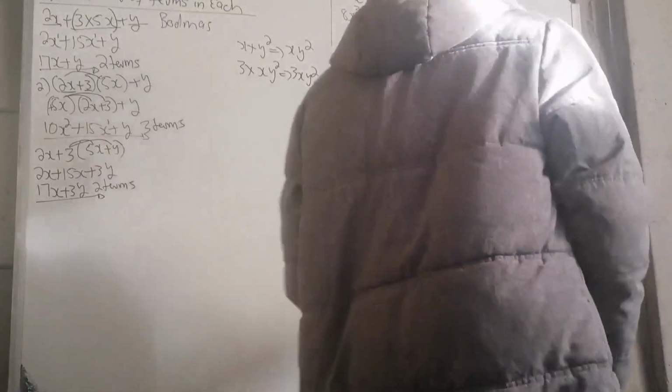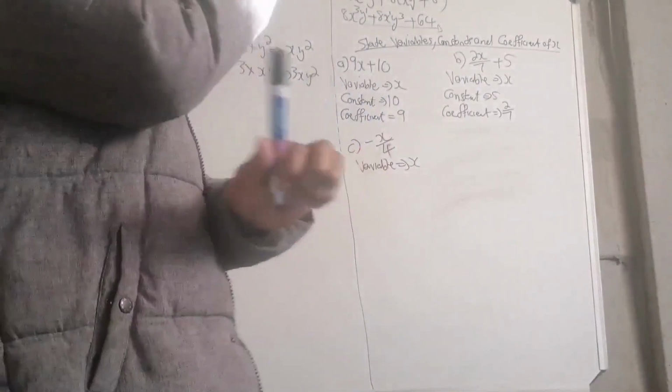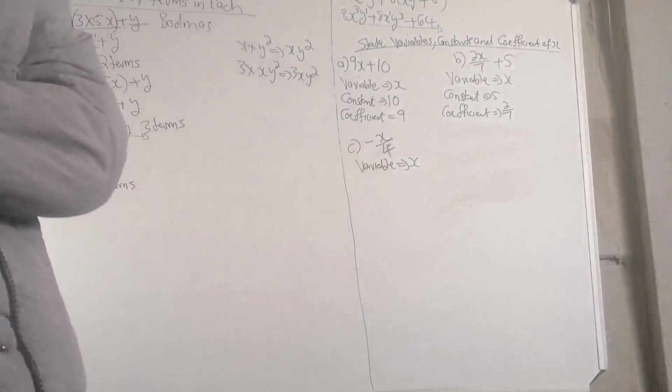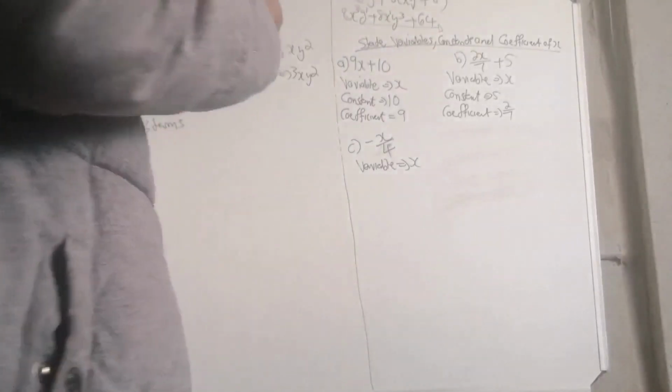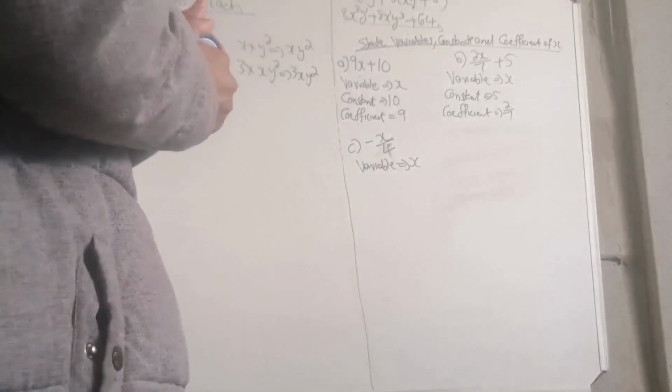The variable will be x, that is fine. What will be a constant number?